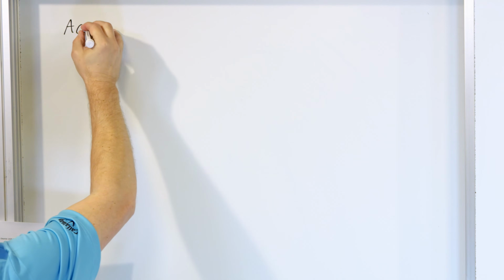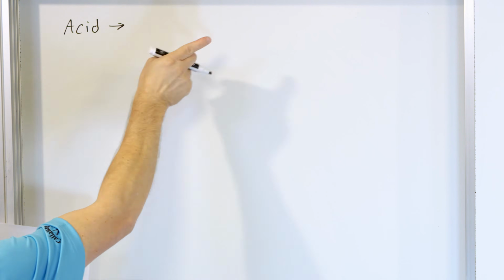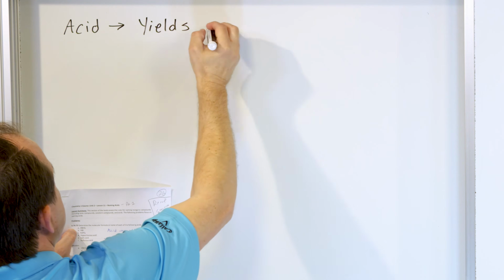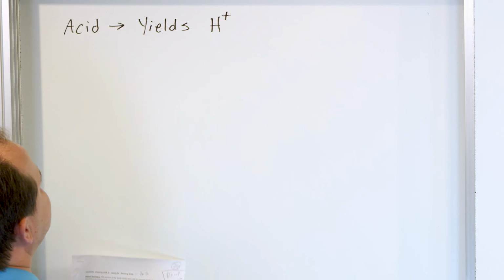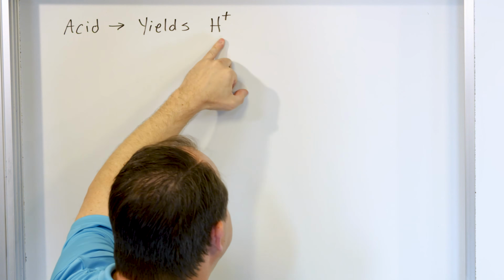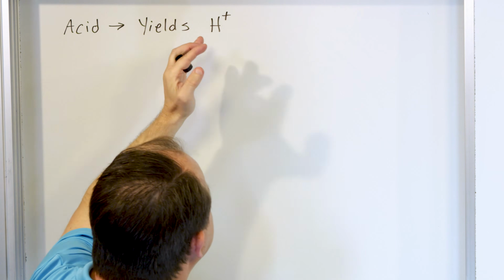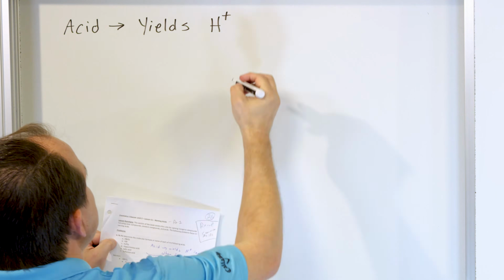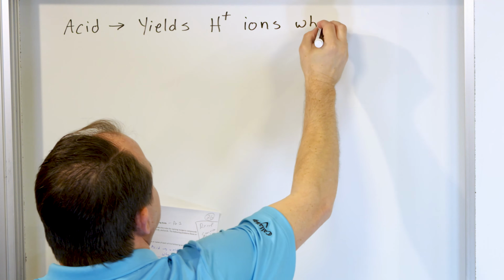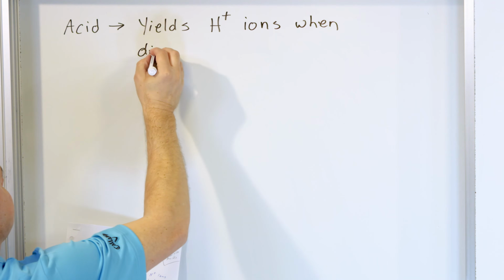An acid is a substance which yields hydrogen ions. I'm going to write that as H+, because hydrogen, when it loses an electron, is just a hydrogen nucleus with a single positive charge, which is the same thing as a proton, right? Hydrogen, H+ ions, when dissolved in water.